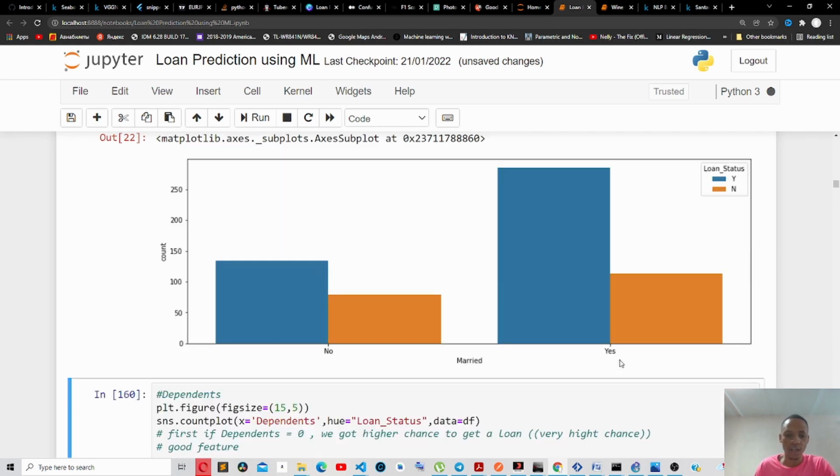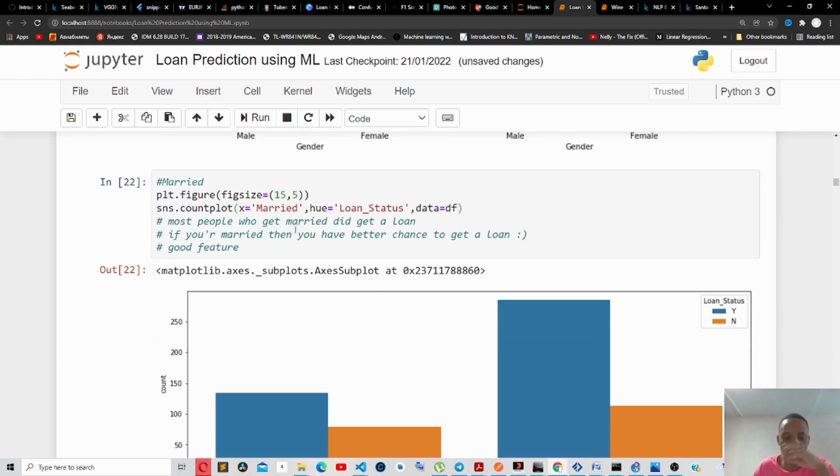So the next thing that we are going to check is we are going to compare our loan status with our marital feature, right? So now we are going to use what we call a count plot. If you are confused about what a count plot is, I urge you to watch my introduction to Seaborn tutorial.